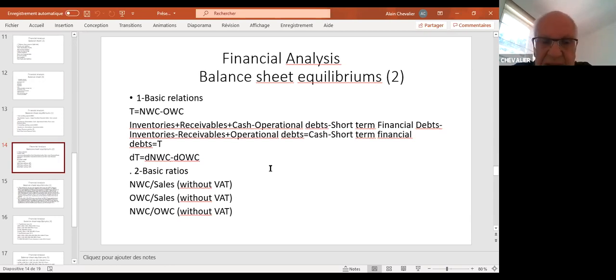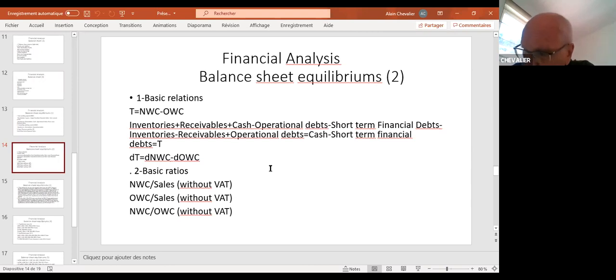But when it is high, 25, 30, 40% sometimes, that means the CFO and the company has to develop a plan to reduce the operating working capital with a new policy for inventories, a new credit policy for receivables, and new negotiations with providers.